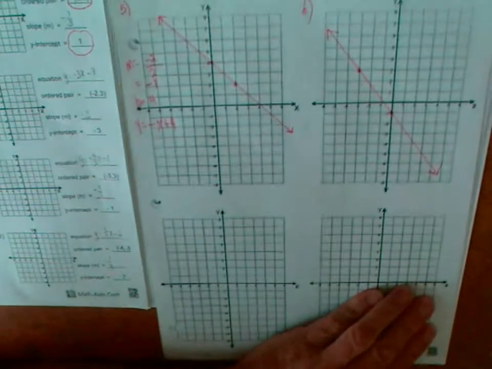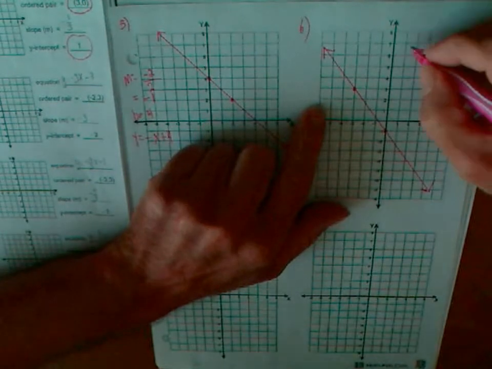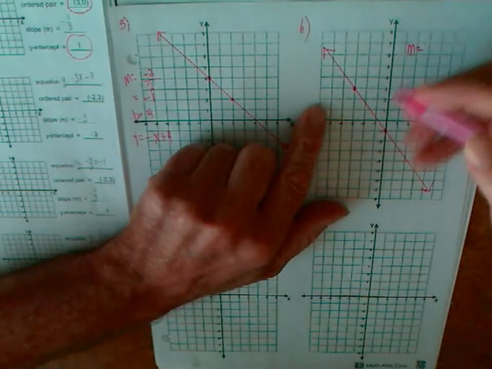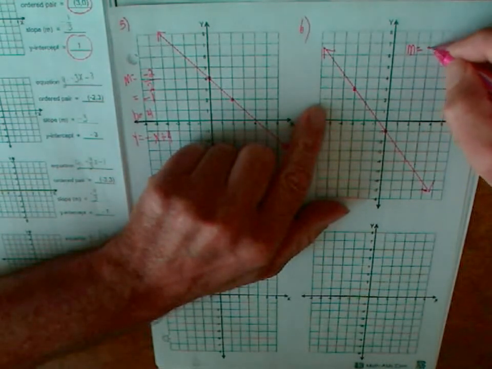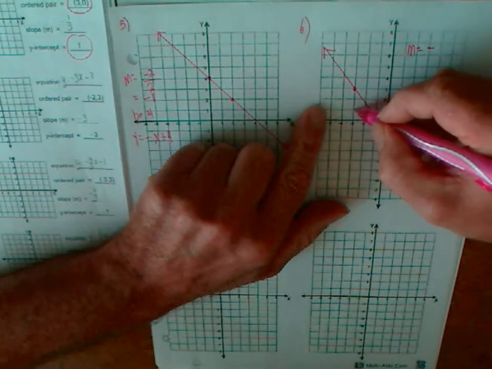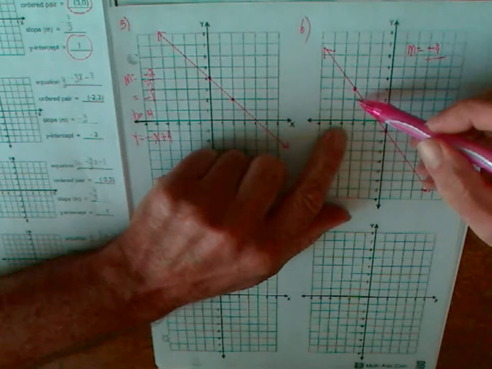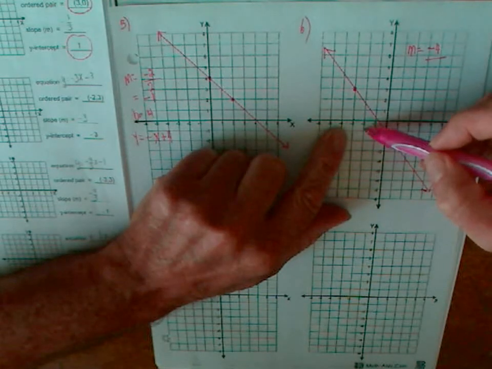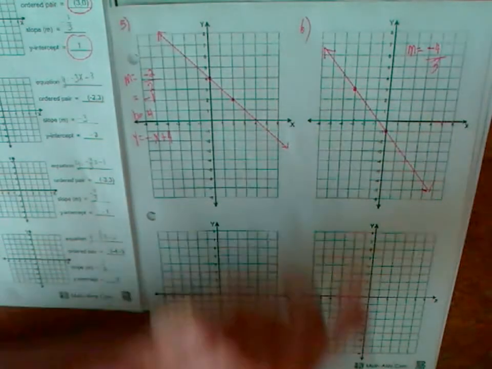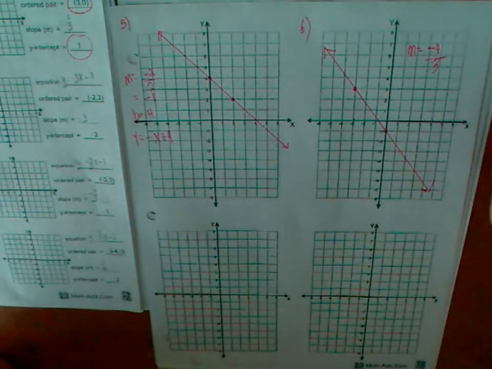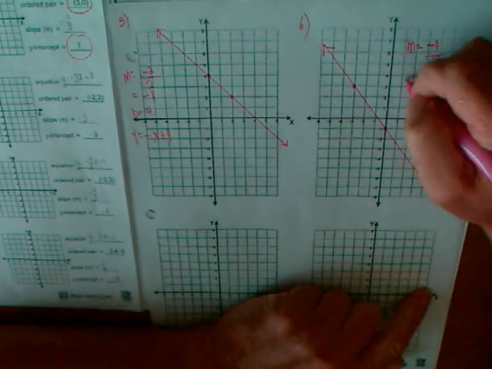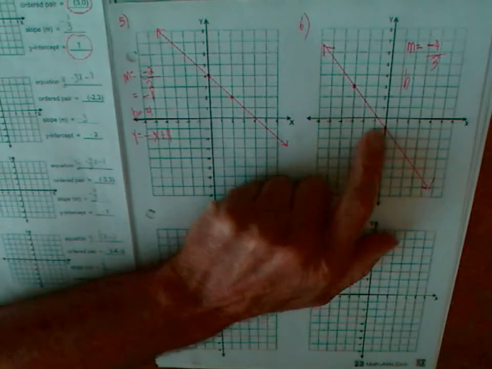Okay, let's figure out what our slope is. So our m value. We're going to fall, so this is going to be negative. 1, 2, 3, 4. Run to the right. 1, 2, 3. So our slope is going to be negative 4 over 3. And what was our b value? You can read it right off the graph.